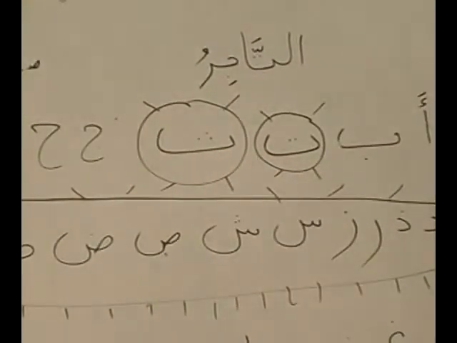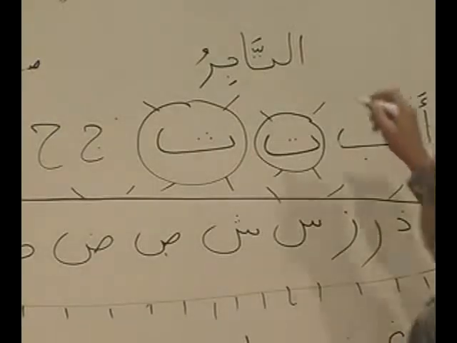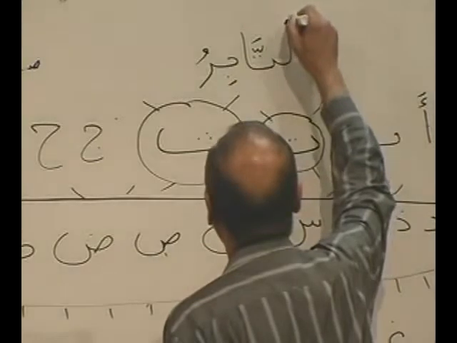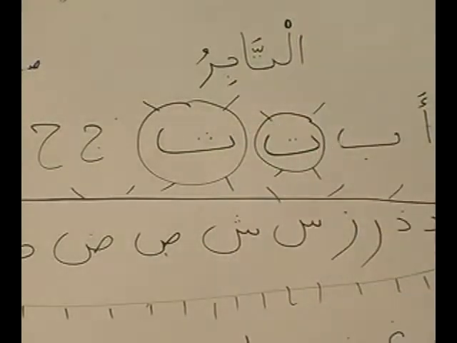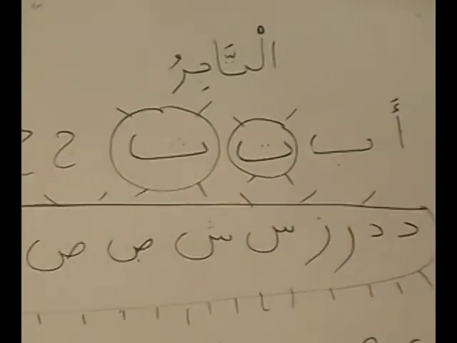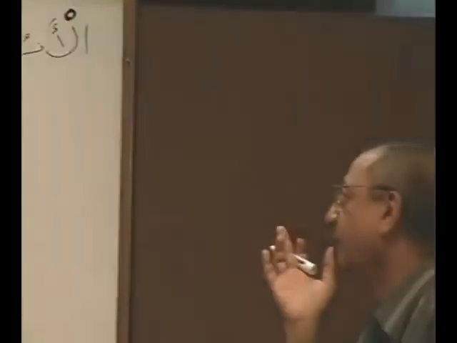At-Tajiru. You did not pronounce the Al, you did not pronounce the Lam. You skipped it. At-Tajiru. You see, your tongue has to touch the upper part of your mouth inside. So, brothers and sisters, At-Tajiru.